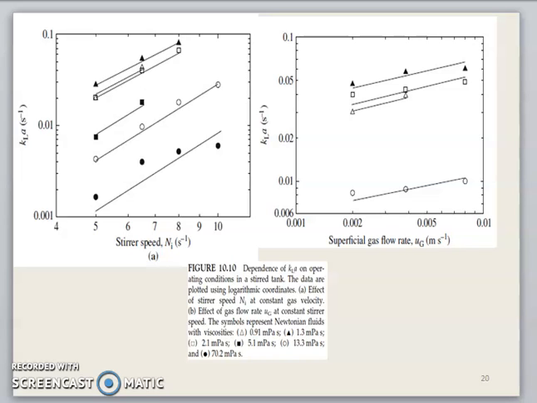This shows that the stirring speed gives a rapid result in increasing the KLa, the mass transfer in the fermenter, rather than the aeration. But you can still use the aeration to increase the mass transfer, though you still require the stirring speed to be increased in order to have a better mass transfer in the fermenter.